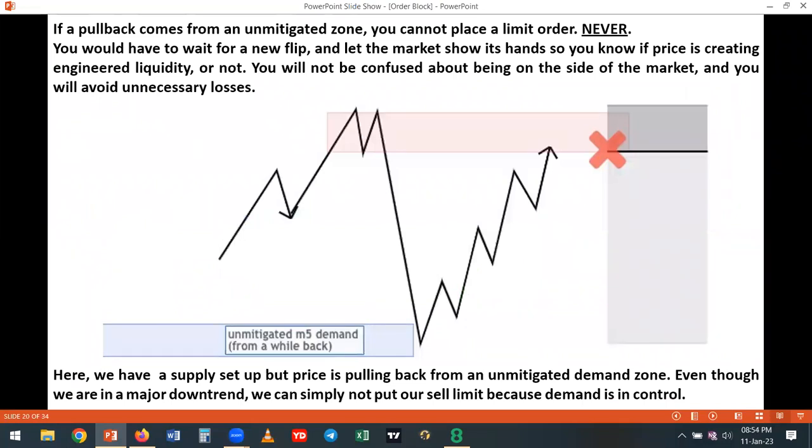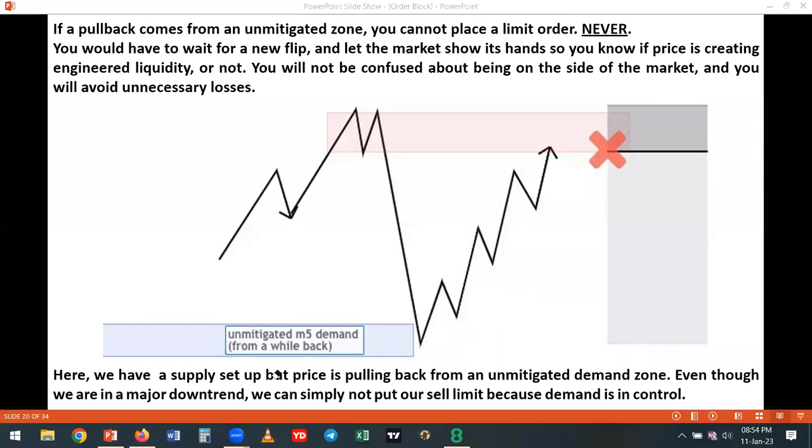Now look at this here. Look at what happened here. Price came from this other block that is unmitigated to this one and mitigated it. You do not have a sell entry here because price was coming from an unmitigated order block.